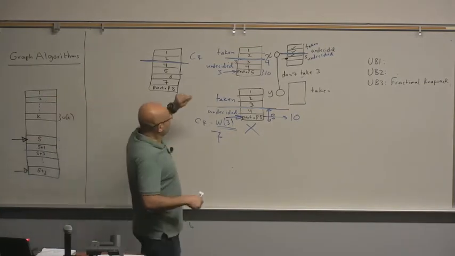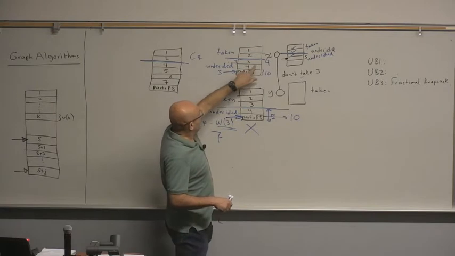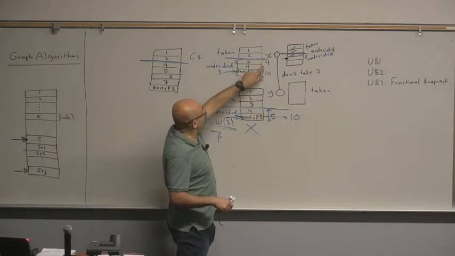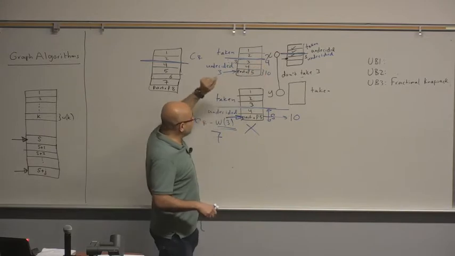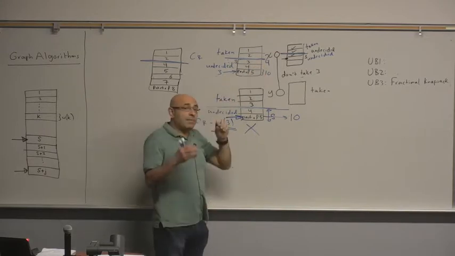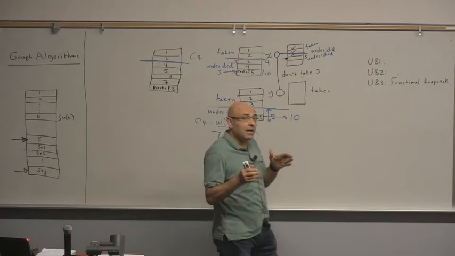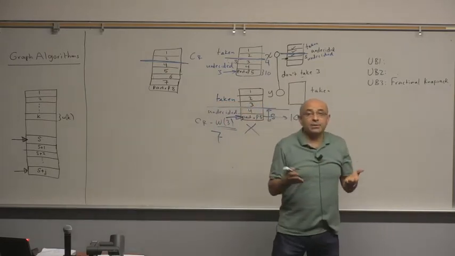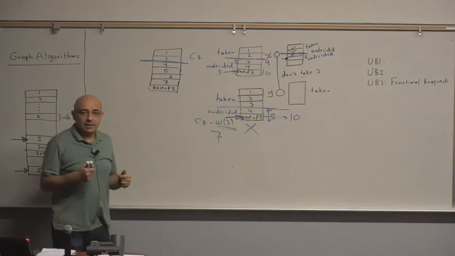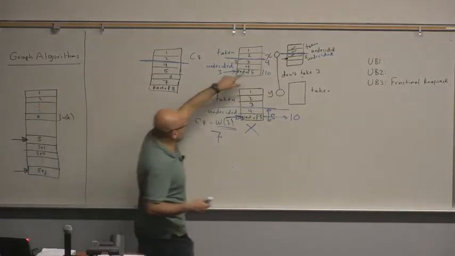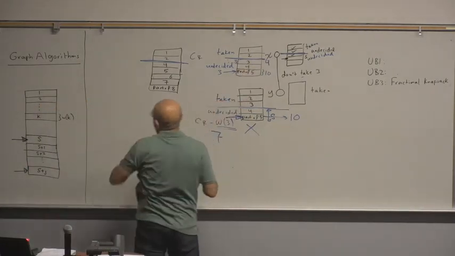So if the weight of the item that you have decided not to take is less than or equal to the remaining weight of the slack item, then you will stay in the same item. You will not go to the next item, right? So it all depends on this weight and this weight.